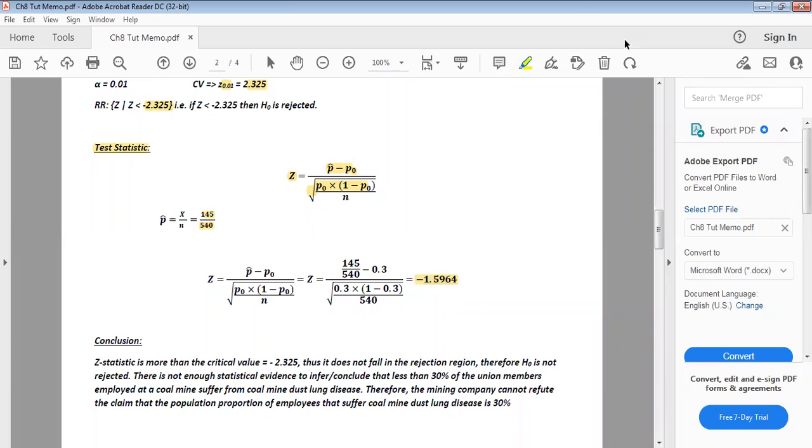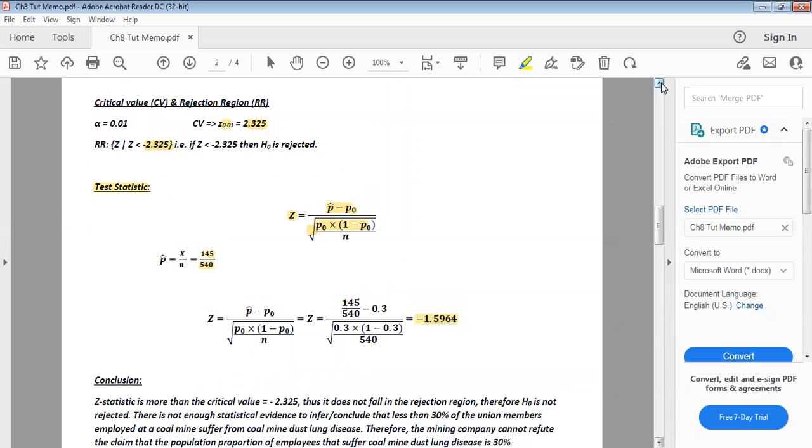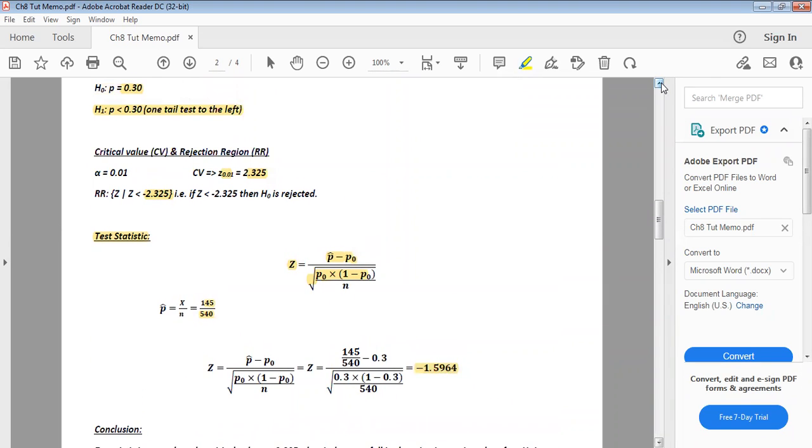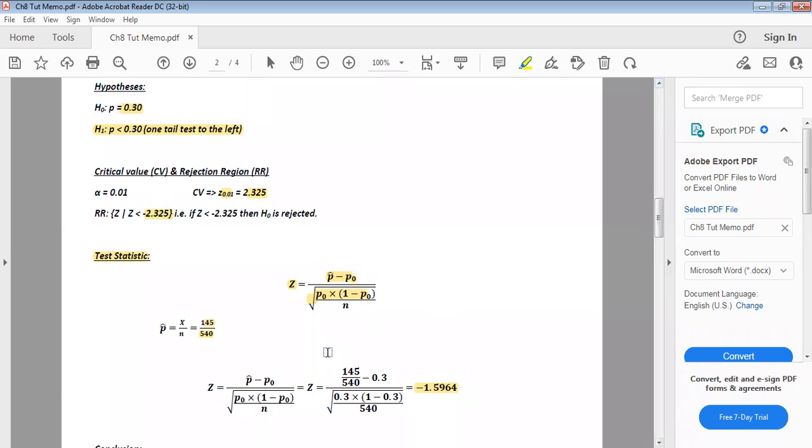So anyone who wants to say what our conclusion will be? Should we reject or accept now? So what will be our conclusion? Our test statistic is negative 0.5.